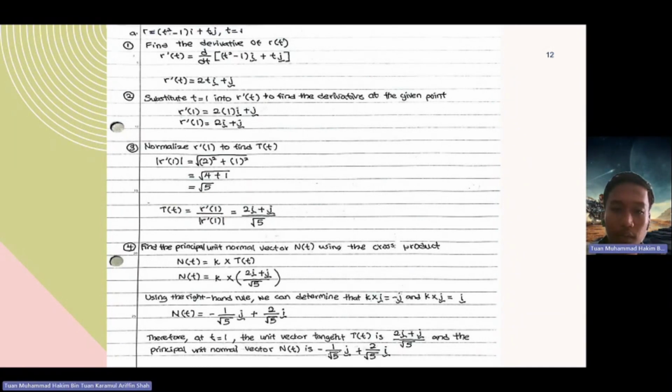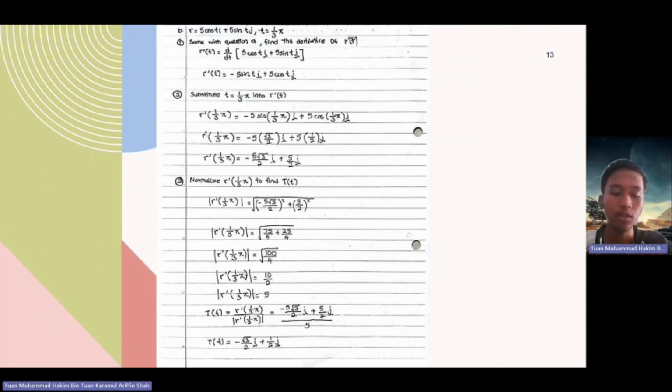Let's find the principal unit normal vector N and T using the cross product. We use the principal unit normal formula, and using the right hand rule, we can determine that k cross i equals j, and k cross j equals negative i. Then we get the answer for question B. First step, we do the same as question A and find the first derivative of r, and we substitute.